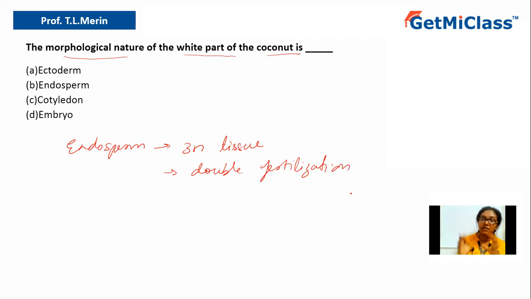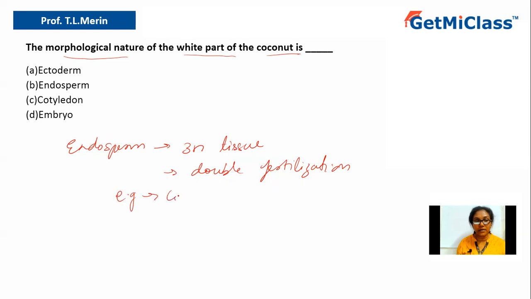The central cell consists of two polar nuclei, and one of the male gametes will fuse with this, where the male nucleus, along with the two polar nuclei, will form a triploid cell, that is the primary endosperm cell, or primary endosperm nucleus, PEN we say, and that will further give rise to endosperm. So that happens by double fertilization.